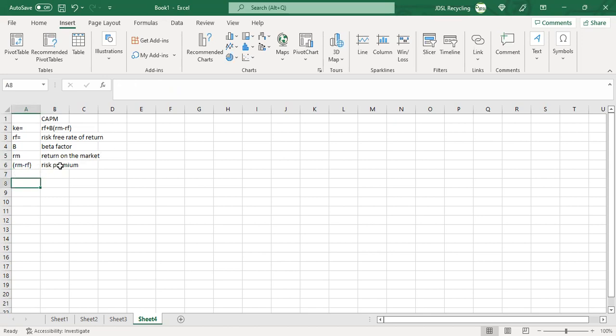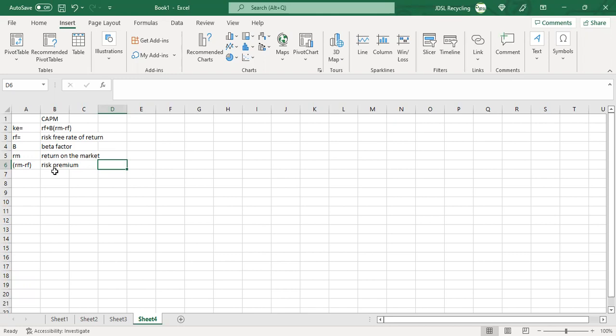So in a situation where the examiner gives us the risk premium, looking at this formula, your RM minus RF, if your risk premium is given, this will cater for RM minus RF. But in a situation whereby the examiner gave us RM separately and also gave us the risk premium, if you calculate properly, we still arrive at the same figure.